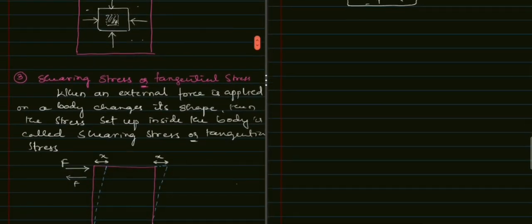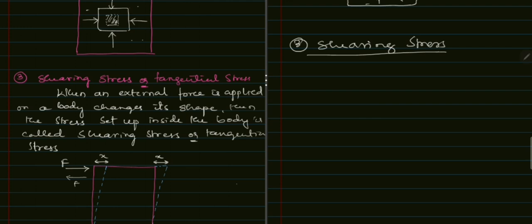And then the next, third one, that is shearing stress or shearing strain. Shearing stress is also called tangential stress. So what is a shearing stress or a tangential stress? See here, let us take one example.